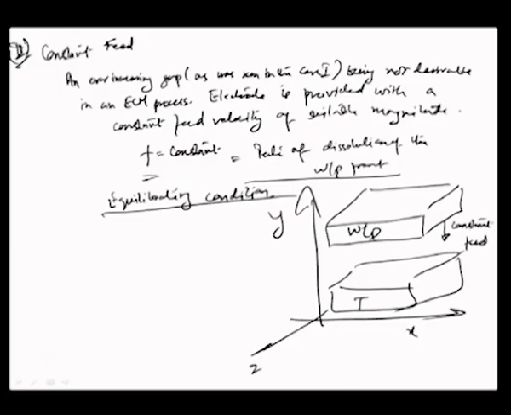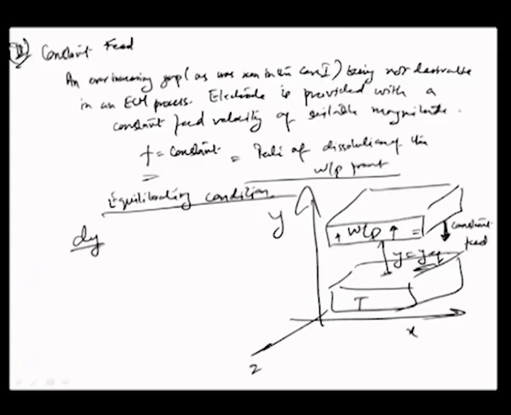feed. So, in the equilibrating condition, the amount of dissolution leading the workpiece surface away from the tool surface is exactly equal to the amount of feed of the workpiece surface. In that case, the gap y is maintained as a constant equilibrium gap, y eq, because the two processes, the surface moving away from the tool because of dissolution, and the speed at which the whole workpiece is propagating towards the tool, are in equilibrium with each other.